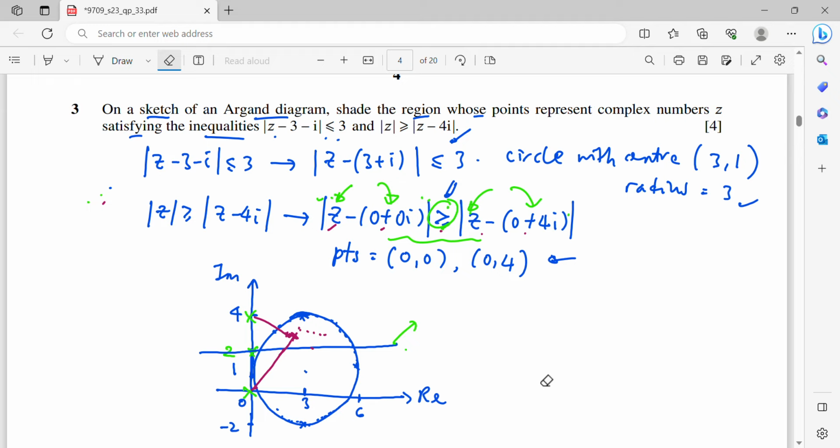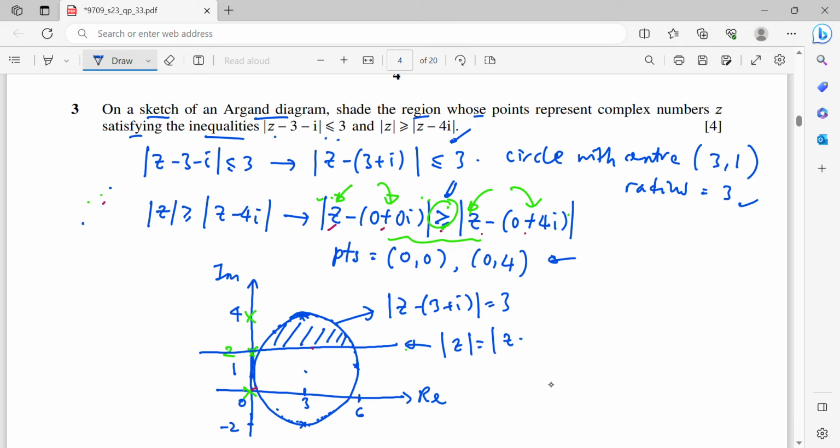Okay, so this is how we decide the region for the inequalities, which means now my region is basically above the horizontal line. And if you need to label, the circle equation is modulus of z minus 3 plus i equals 3. Then this line is modulus of z equals modulus of z minus 4i. Okay, so that's all for this question 3.